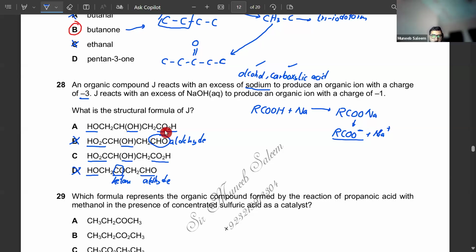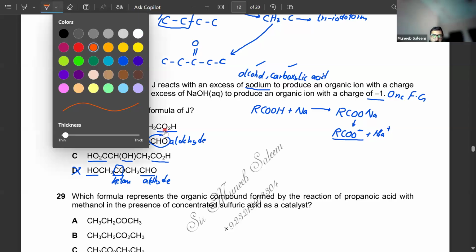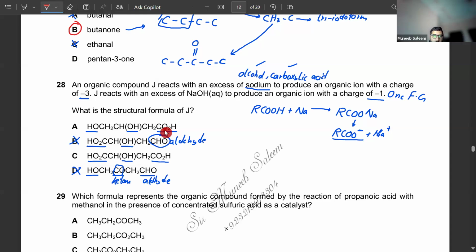Now we will look for the second statement that says when it reacts with NaOH, it should give a charge of -1. That means only one functional group should give the product. So we will look for those groups in option A and option C. We have to see which compounds can react with NaOH.